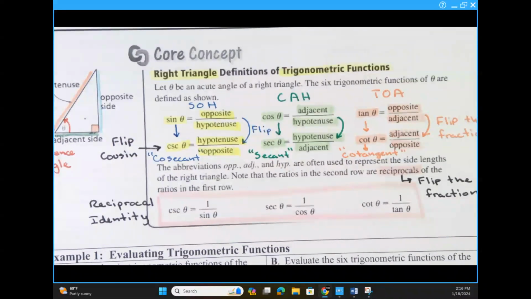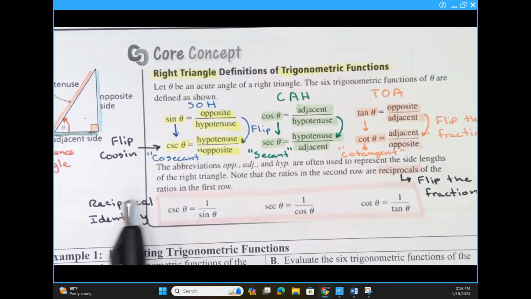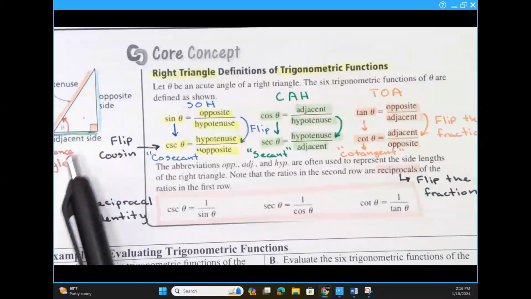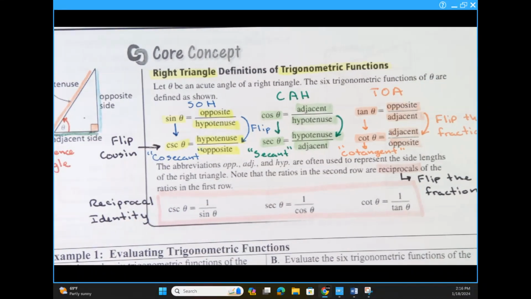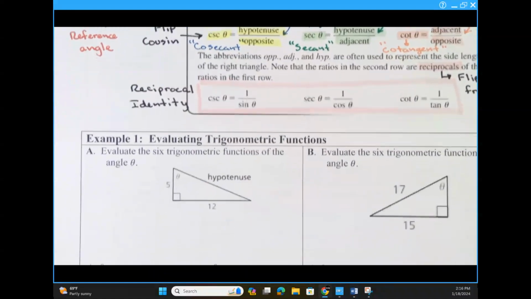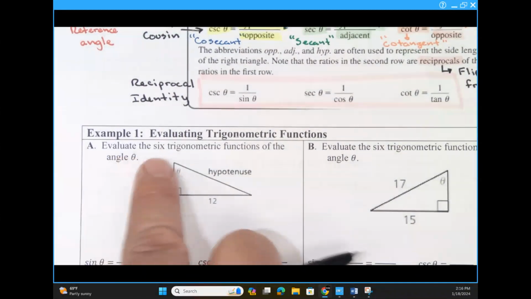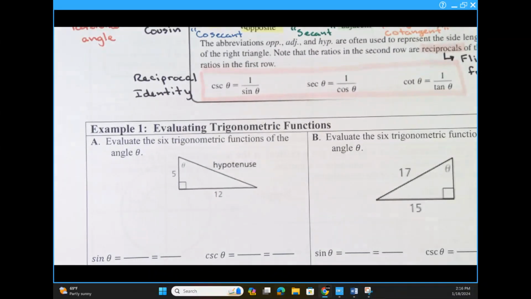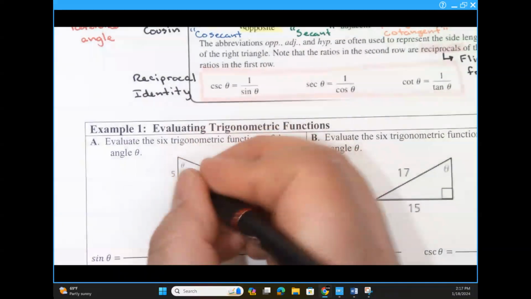All right, so here we go. We're going to practice. But remember, in order for me to do this, I have to know all the sides. I have to know my adjacent, my opposite, and my hypotenuse. The reason I need to know all of those is, look at the directions. The directions say, evaluate the 6 trig functions of the angle. All right, well, I need to know everything. So first of all, here's theta.